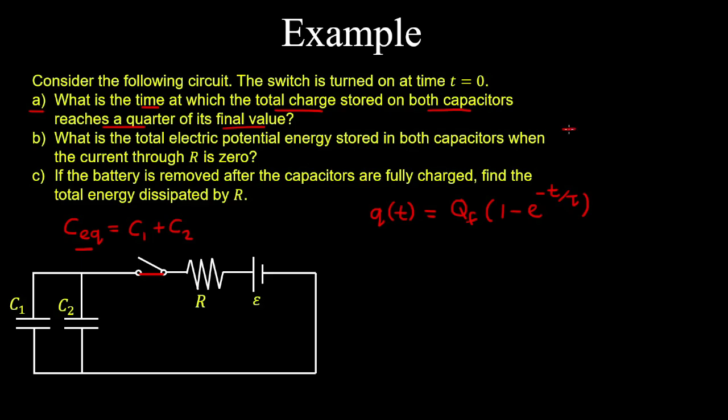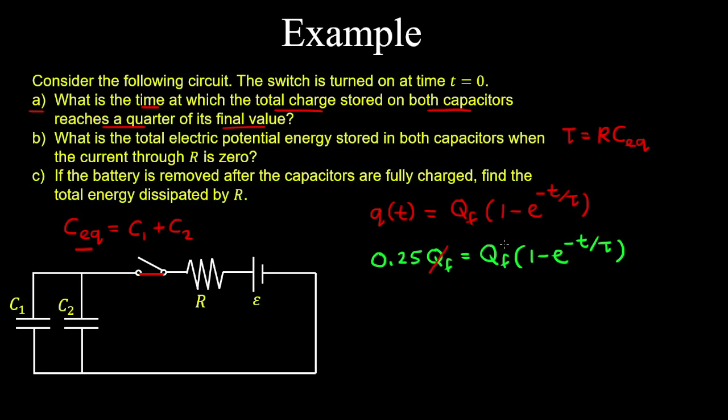And recall that tau is the resistance R by the capacitance, and in this case that's the equivalent capacitance of our parallel capacitors. Now when the total charge reaches 1/4 of its value, we equate 0.25 by the final charge is equal to the final charge by 1 minus e to the minus t on tau.